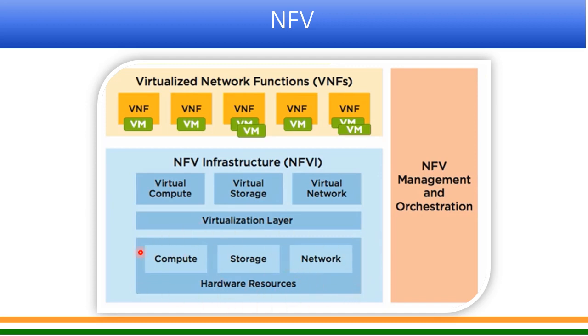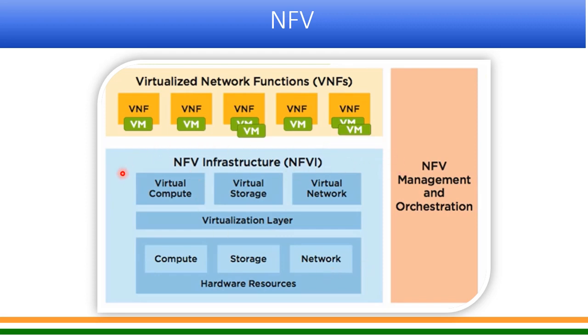Now this physical hardware is virtualized using software like VMware or any other virtualization software, and what you get is virtual compute, virtual storage and virtual network. This piece is called NFVI, that is Network Function Virtualization Infrastructure.